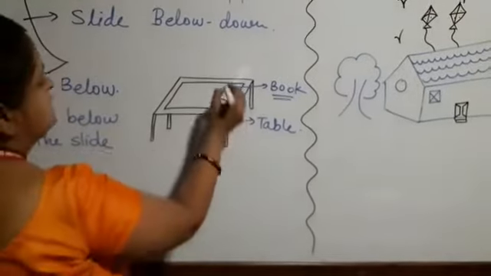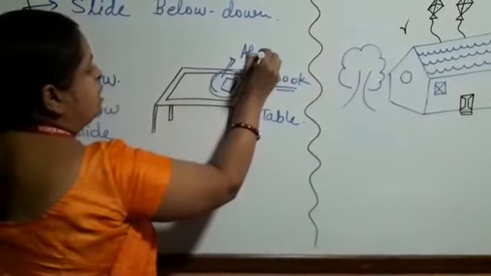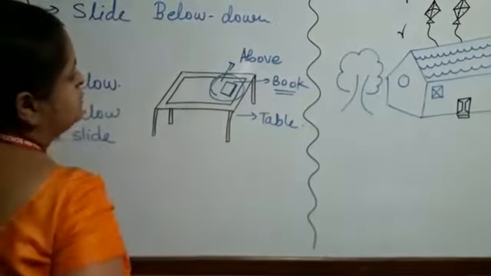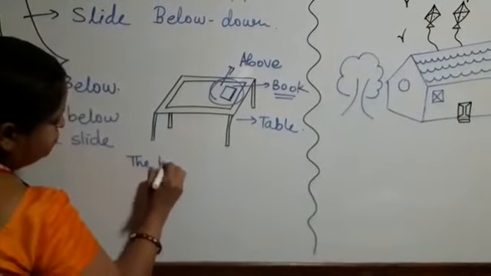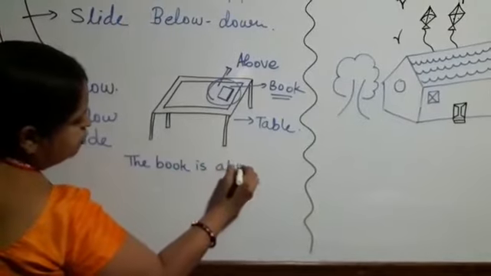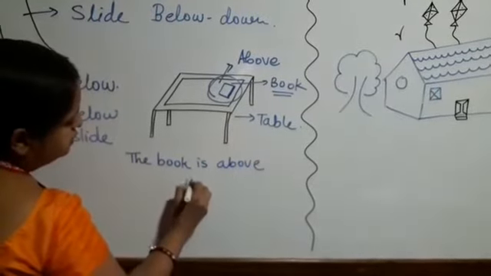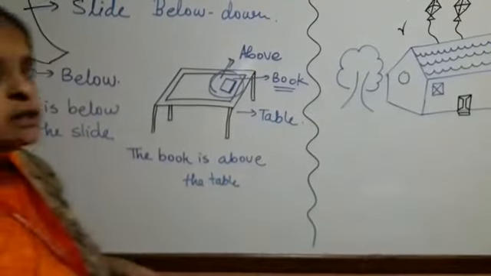Yes, it is upper side. ऊपर की तरफ है. तो it will be above. Above the table. So how will we write that? The book is above the table. Yes, now you understood, I think so.